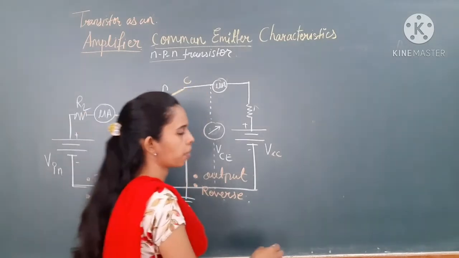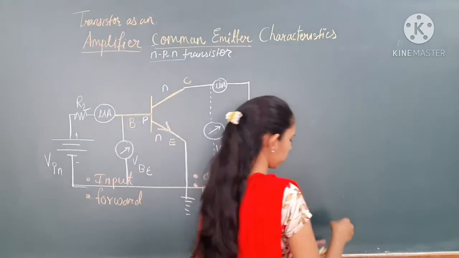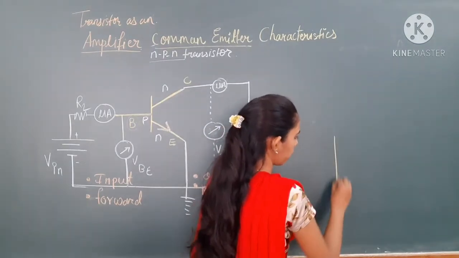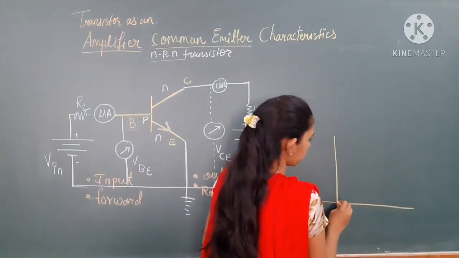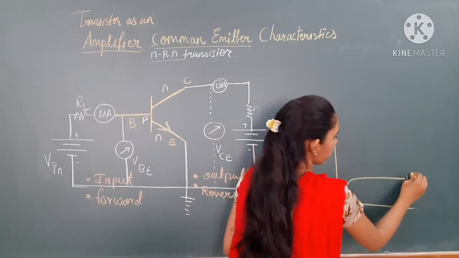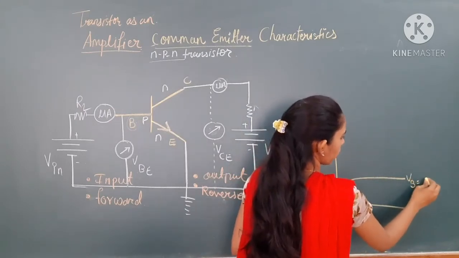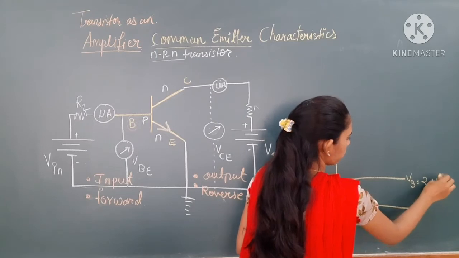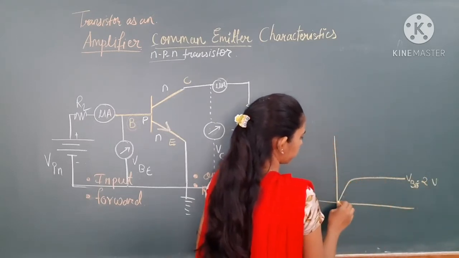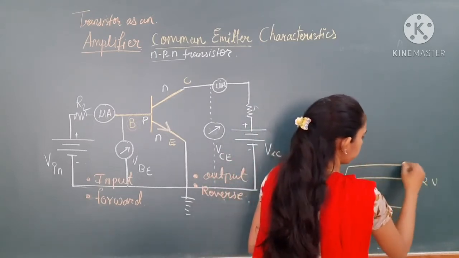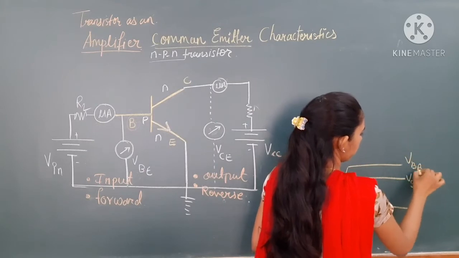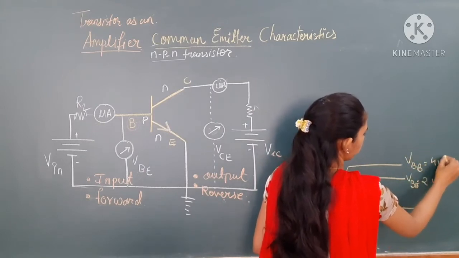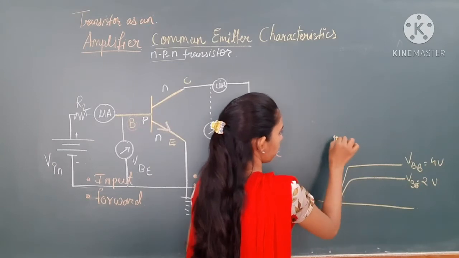For example, we have already seen the output graph. It is in this way. This was for VBB equal to, let us take, 2 volt. Then for a different VBB, for example 4 volt, you can see this is the current IC.